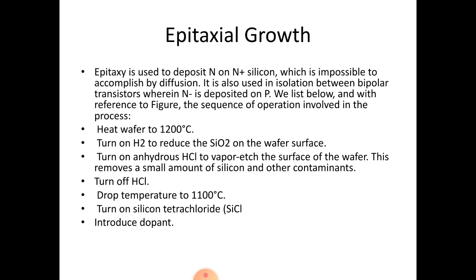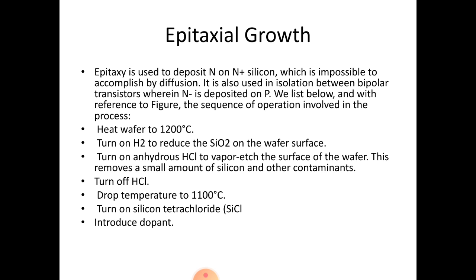We list below, with reference to the figure, the sequence of operations involved in the process. Here, heat the wafer to 1200 degrees Celsius. Next, turn on H2 to reduce the silicon dioxide on the wafer surface. The third point is turn on HCl to vapor etch the surface of the wafer.